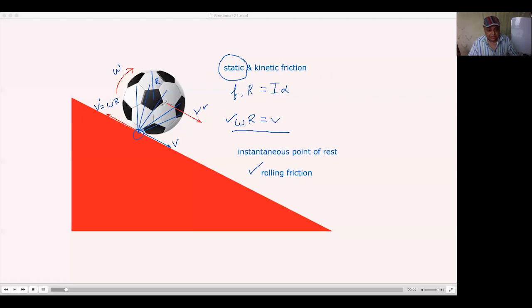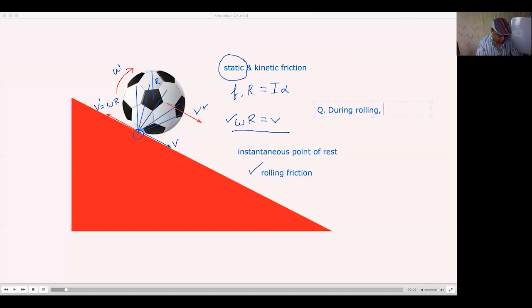And it's fantastic to think that as the ball is rolling down, this point is always at rest. A new point is replacing the old one. If I had to ask you another question, what is the work done by friction here? During rolling, we understand that the point is not moving.